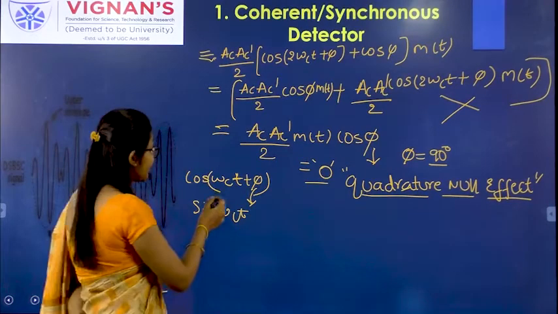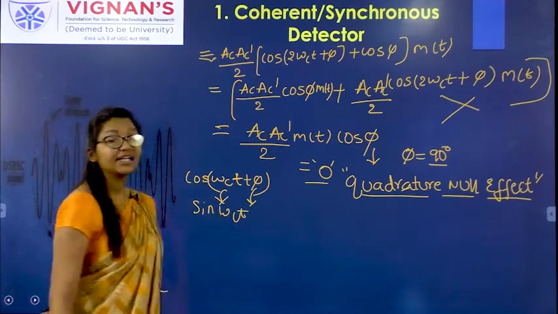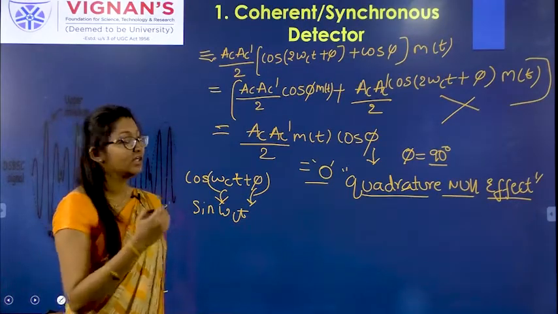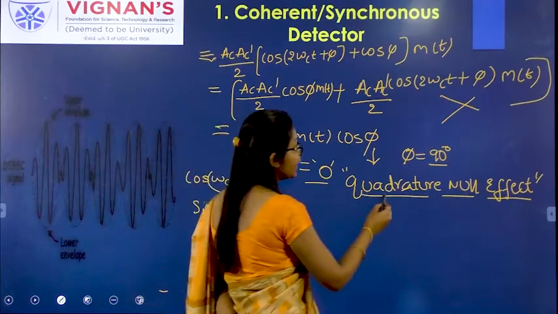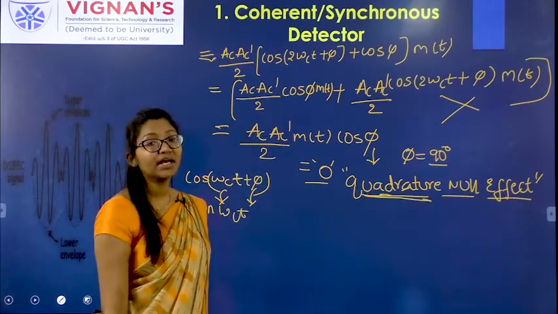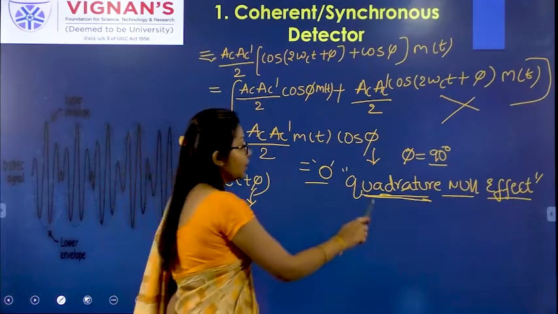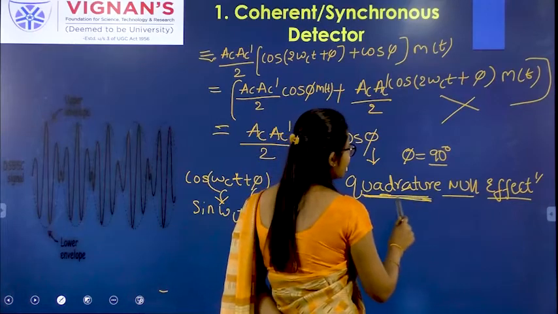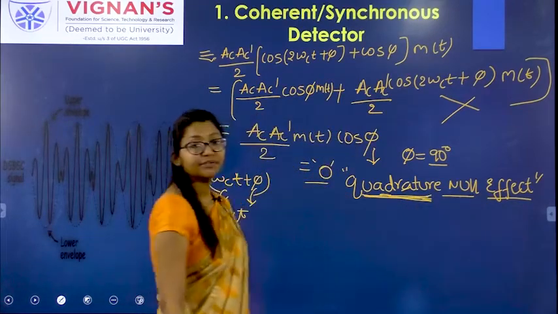Means there is a 90 degrees change. Cos to sin, there is a 90 degrees change. That 90 degrees change we are calling quadrature. That's why the effect which appears if there is a phase error is the quadrature null effect.